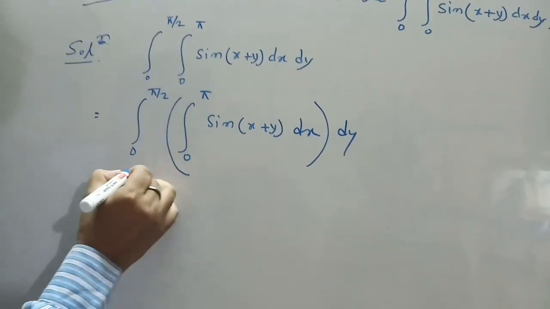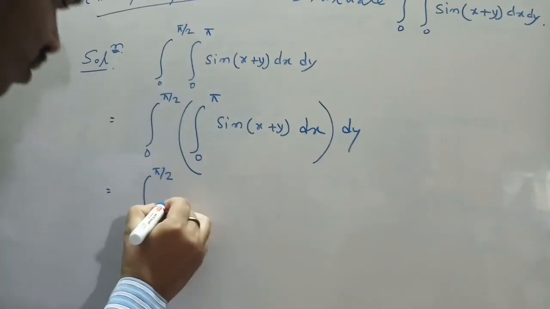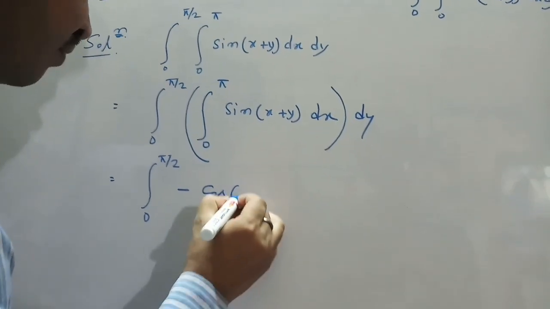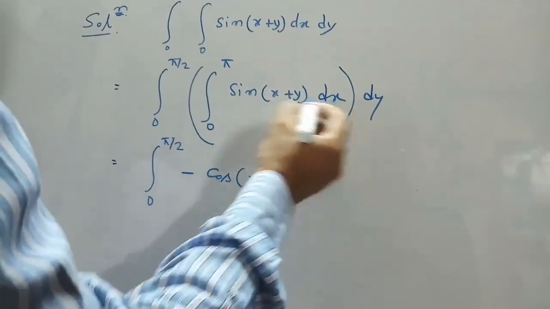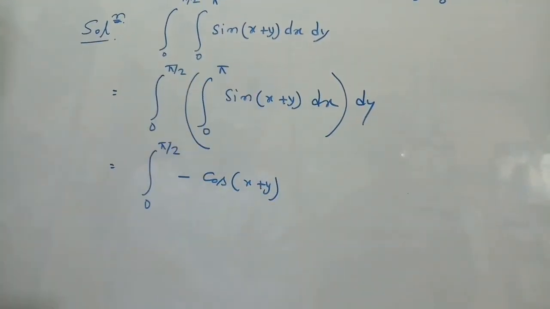Therefore, integral 0 to pi by 2 of minus cos of x plus y, because the integration will be with respect to x.